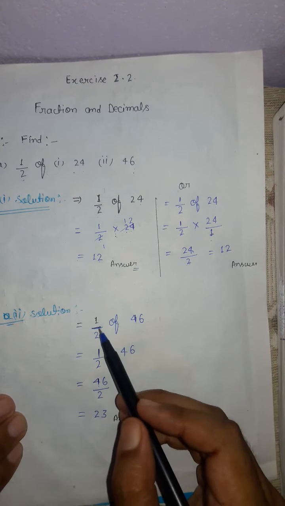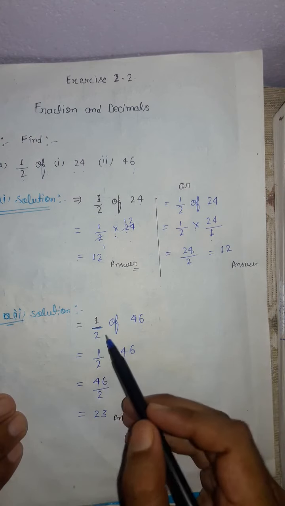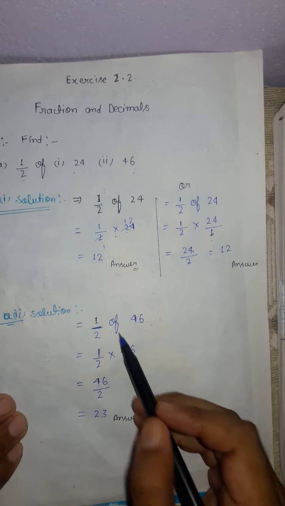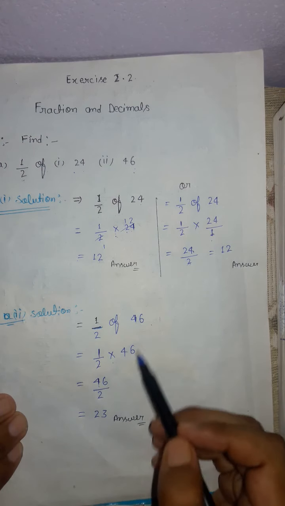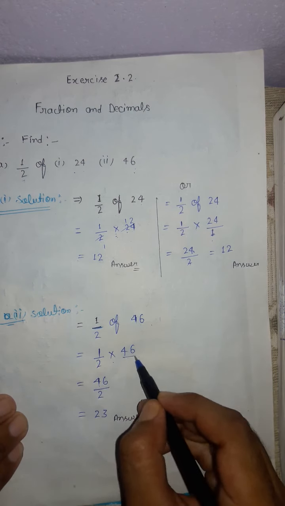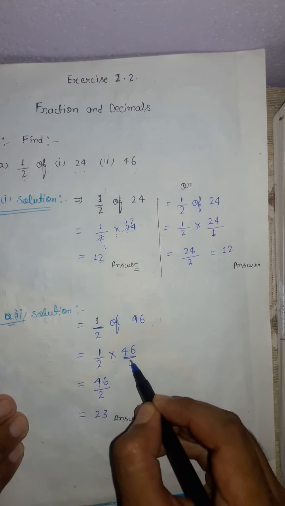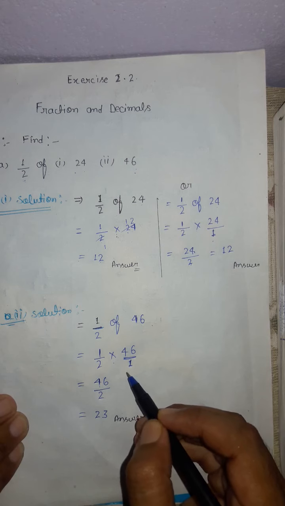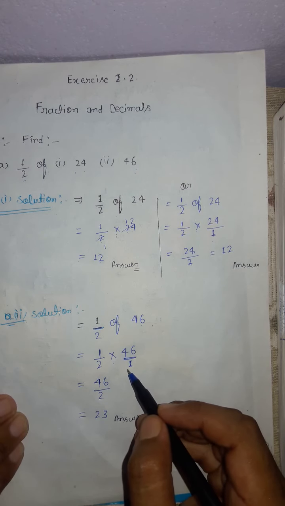Now see its second part, 1 upon 2 of 46. So we will write 1 upon 2 of 46. You know that "of" means multiply, and 46 can be written as 46 upon 1. If the denominator is not given, then we can always write upon 1.